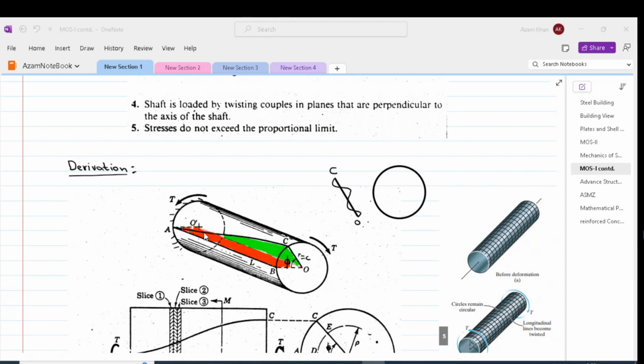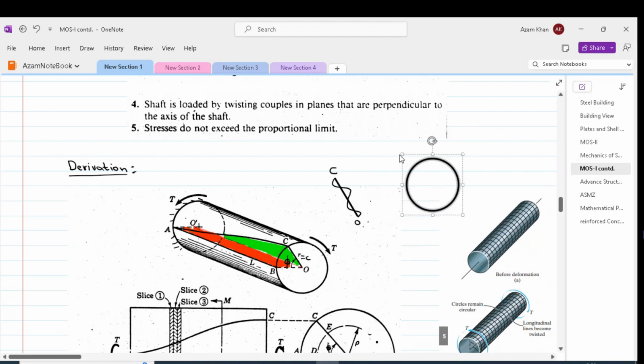So we won't have any ovalization or deformity of the cross section. The cross section can move from one place to another, but it can't deform. So the cross section won't deform, it will stay as circular. However, it can move from one place to another.